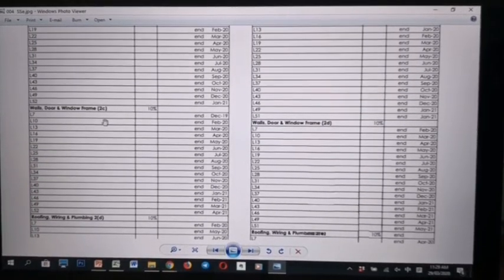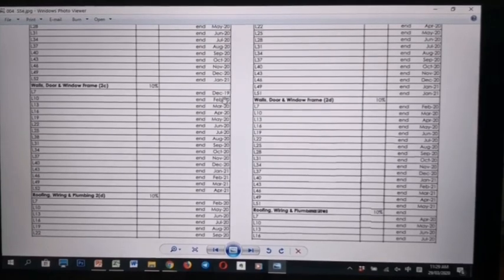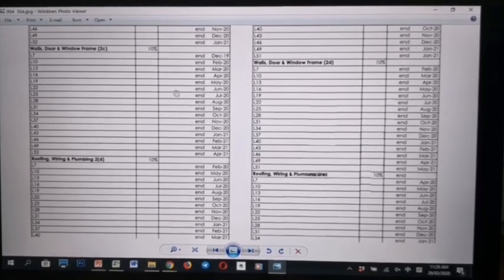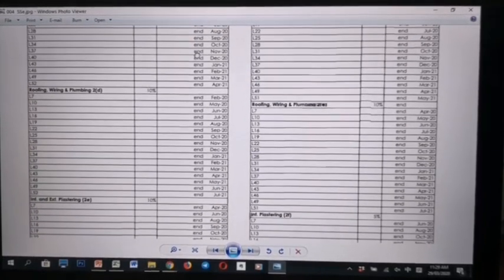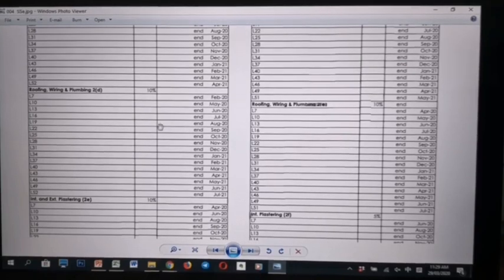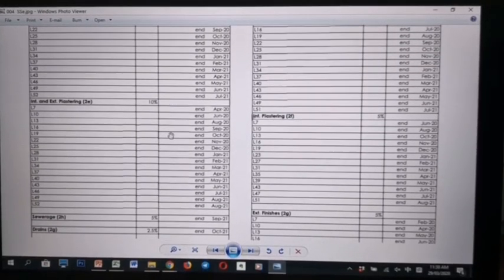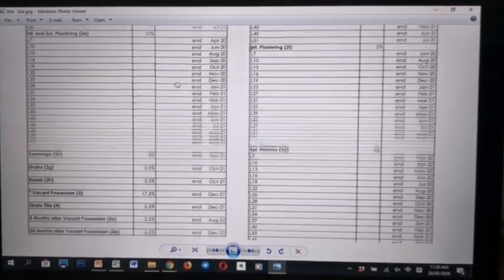For this developer, they really know when they will bill you the interest, like wall, which date, which month you have to pay the interest, and you have to prepare the money amount. And roof, wiring, plumbing. So it's really clear that the buyer will know when they have to pay the money according to the floor they choose.